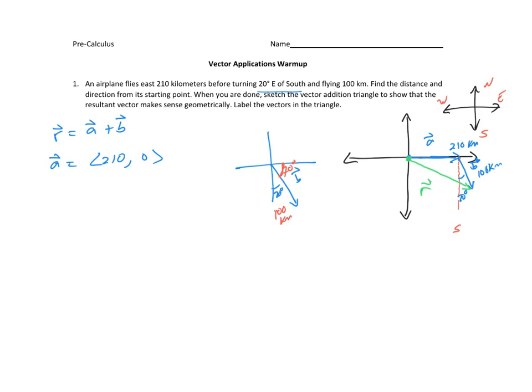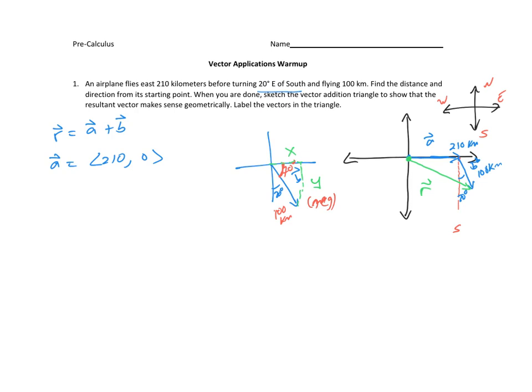And now we want to find the horizontal and vertical components of vector B. So I'm going to label the horizontal X and the vertical Y. I'm going to note right off the top that the Y component needs to be negative. So let's do some right triangle trig, so SOHCAHTOA.